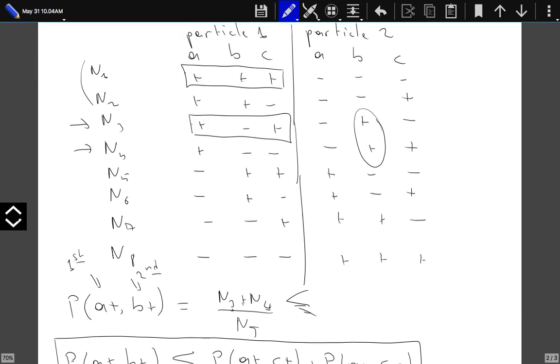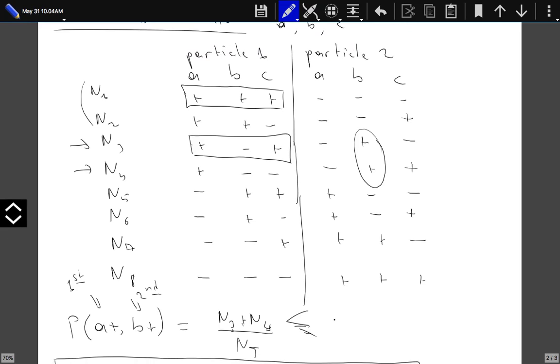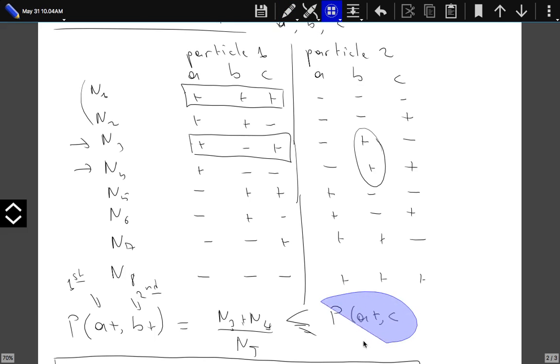And then I will write it as the probability of A. Well, let's look at the A plus and B plus are these two. So let's see, this is A plus and C plus.